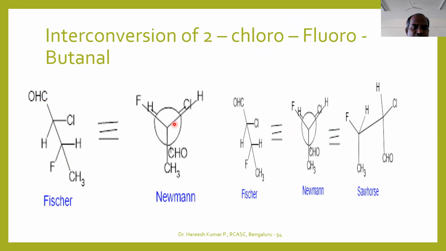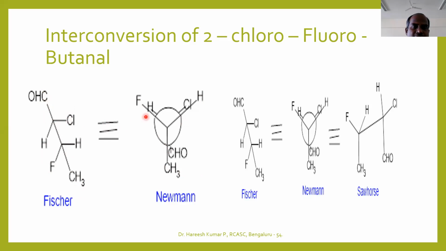So you have to start with this, 2-chloro, 3-fluoro-butanol. So this can be converted into a Newman projection formula. So this will be the front carbon, this will be the back carbon. And in the front carbon, what you can observe, CH3 is below, that is this one. And a fluorine is on the left hand side, so that is this. Hydrogen is on the right hand side. And this will be the back carbon, this will be the down one, CHO.